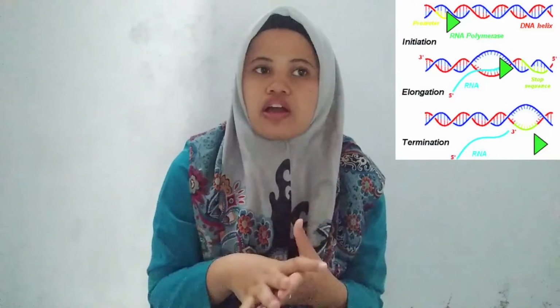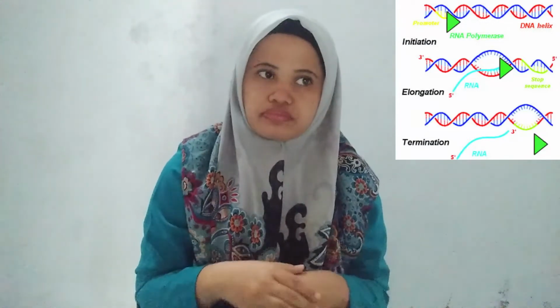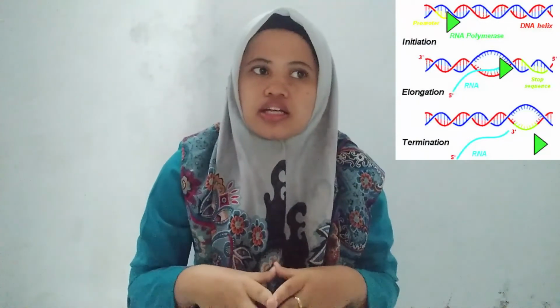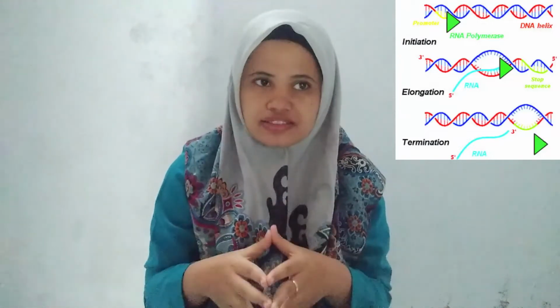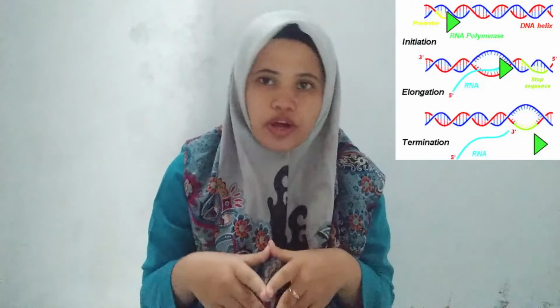Initiation is the beginning of transcription. It occurs when the enzyme RNA polymerase binds to a region of a gene called the promoter. This signals the DNA to unwind, so the enzyme reads the bases in one of the DNA strands.